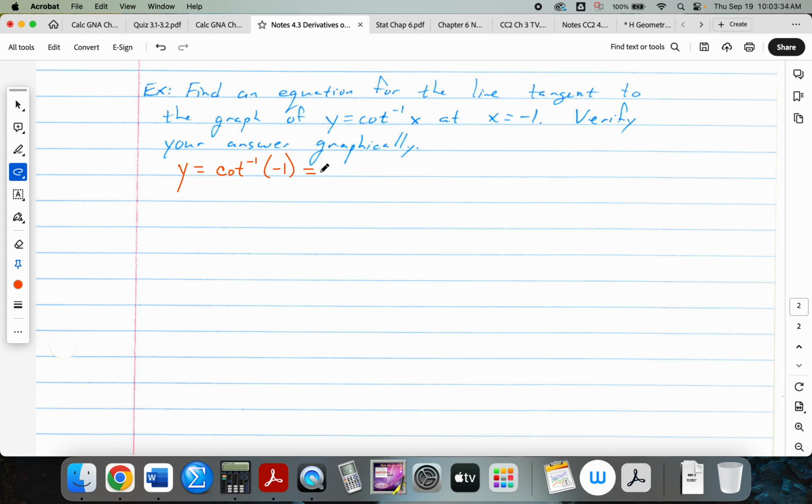Should I be looking in the second quadrant or in the fourth quadrant? Because that's where cotangent is negative. And so, because I do this every year, I'm going to find a place to look it up. I don't remember. I don't do cotangent inverse very often.